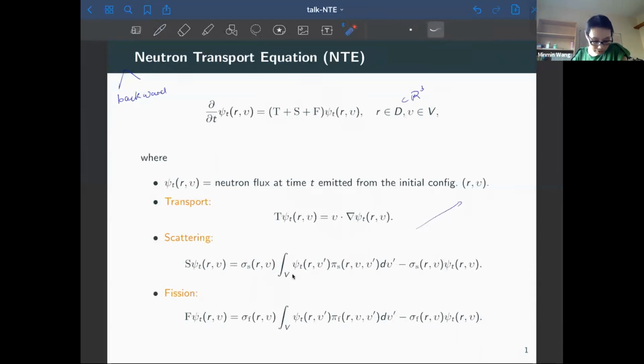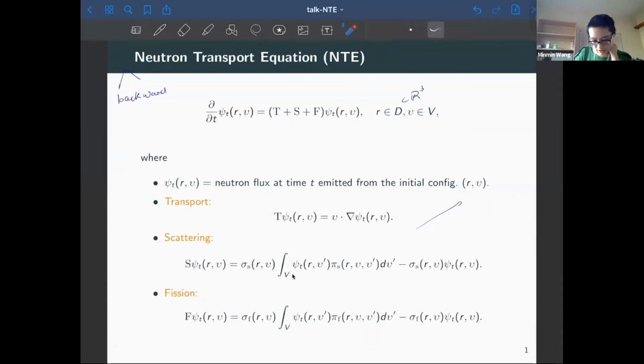Then the third term is a fission term, which is essentially a branching event. At rate sigma_f, one neutron could be replaced by some number of neutrons, and this event is characterized by the function pi_f.